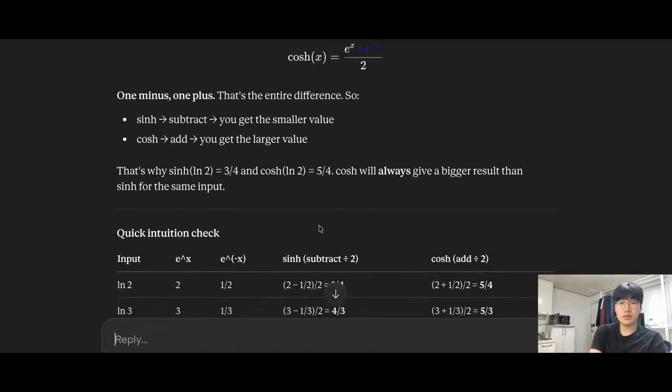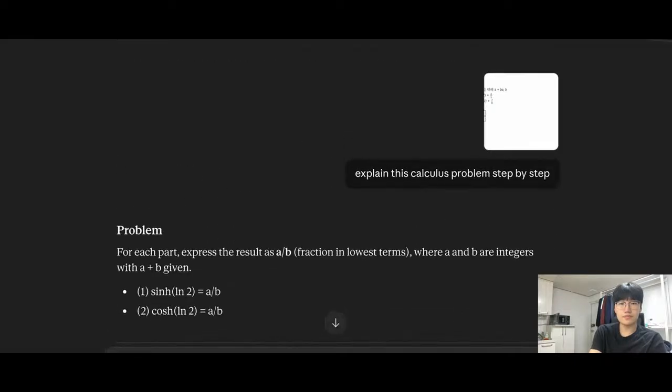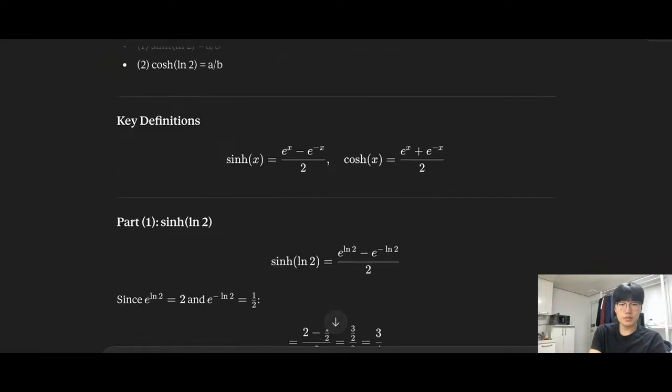So back to the main problem. Sinh hyperbola is e to the power of x minus e to the power of negative x, over 2, and cosh hyperbola equals e to the power of x plus e to the power of negative x, over 2.